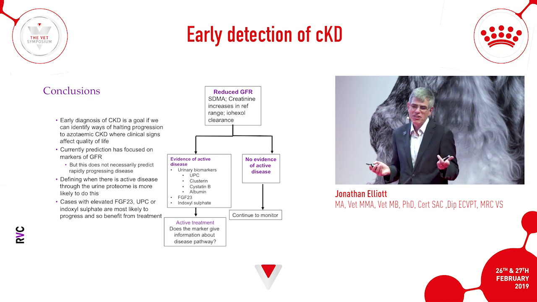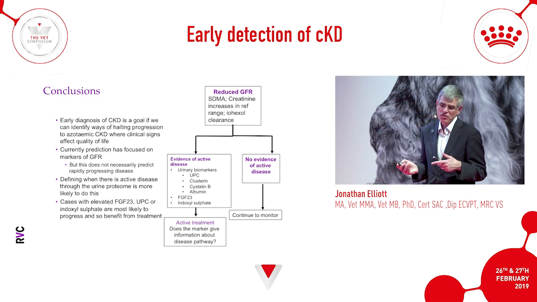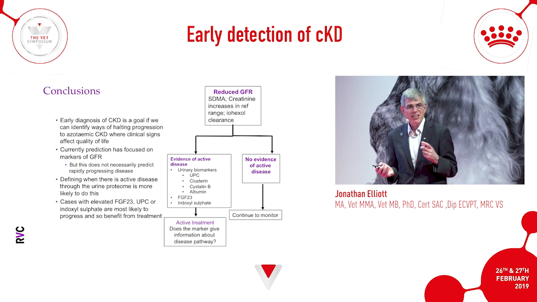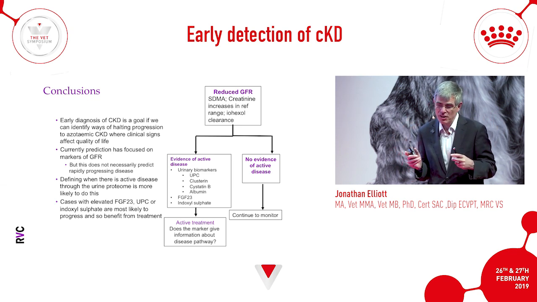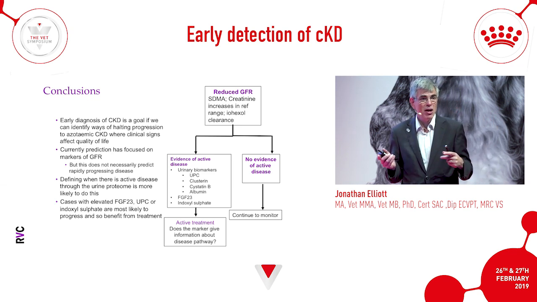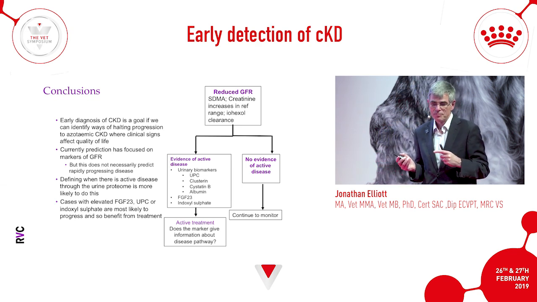Whereas if we have evidence of active disease, so urinary biomarkers, FGF23 increased, indoxyl sulfate increased, then that's active treatment, and we should be investigating further, because we may well be able to identify something to treat specifically.